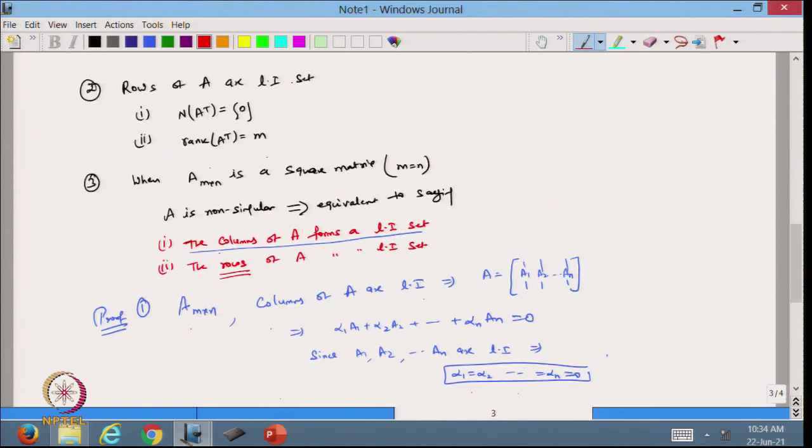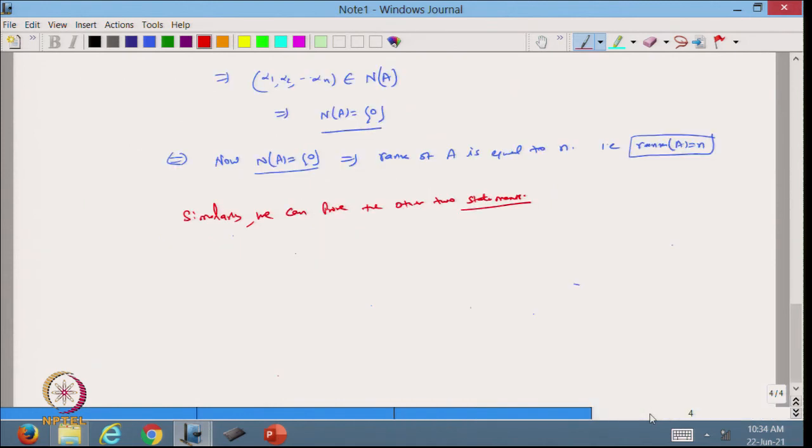If the rows of A are linearly independent, then the same way we can write that the null space of A transpose will be 0 and the rank will be equal to the number of rows. And if M is equal to N, then the rank of A is equal to N, which implies that matrix A is non-singular.